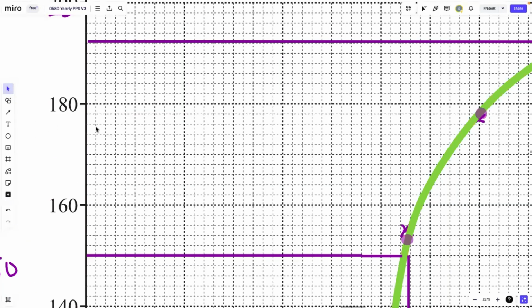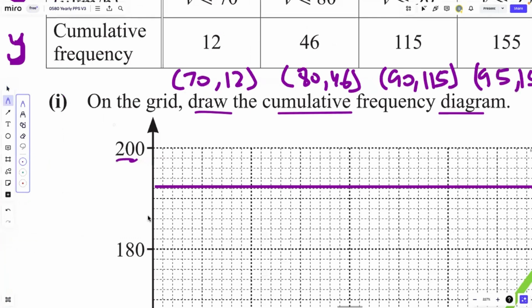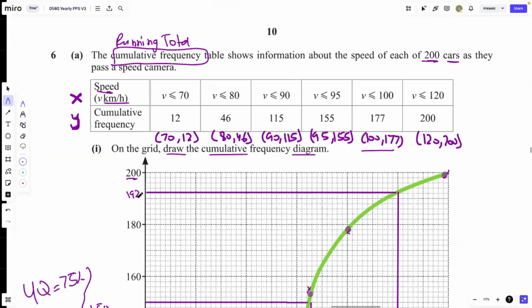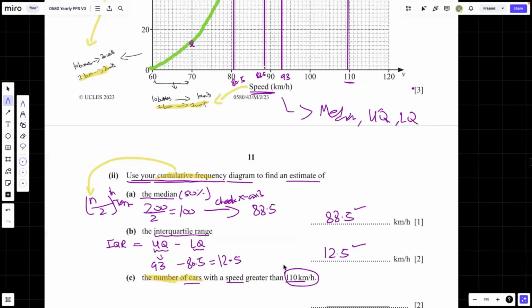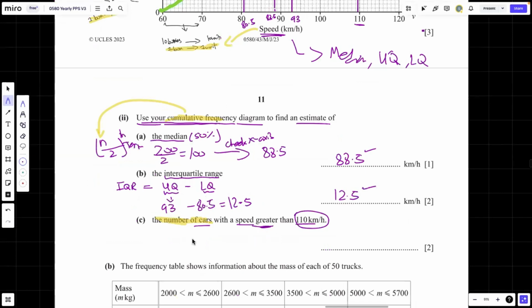So the value that we are getting here, since each box is representing 2 units, so this is 190 and this is 192. So we're getting 192, but the answer should not actually be 192, it should be 200 minus 192 because you need greater than 110.